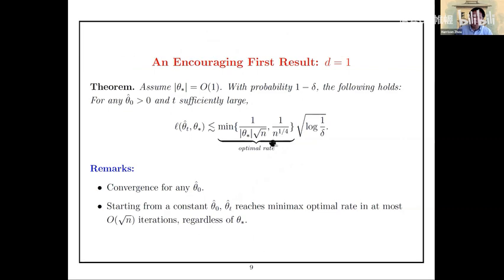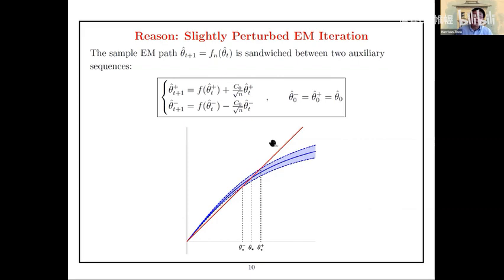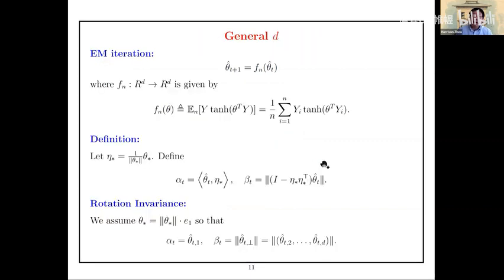So for the one-dimensional case, the analysis is very easy. What we really need is just to approximate the sample version by the population version. And the population version analysis is relatively easy. Then the second step is to consider d greater than or equal to 2. When d is at least 2, the output now has two components.